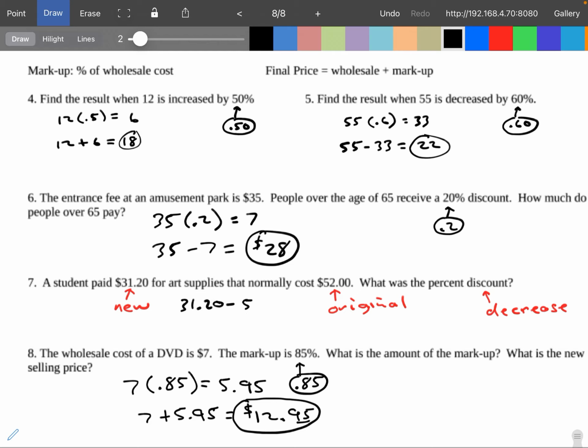So we're just going to do the new, 31.20, minus the original, which is $52, and then over the original, which was $52, and we're going to multiply that by 100.